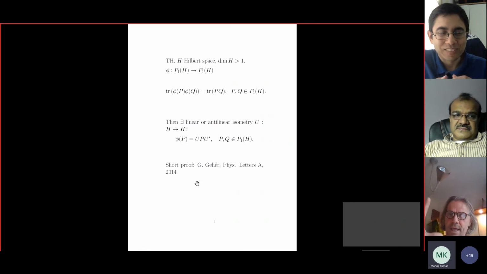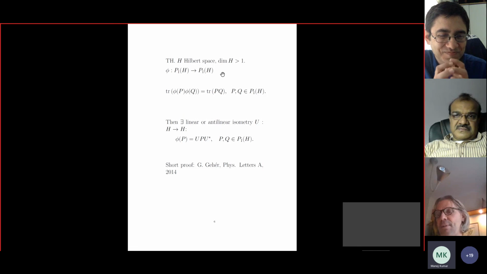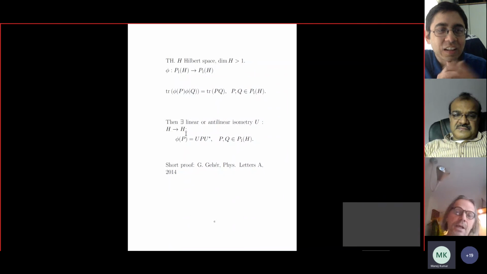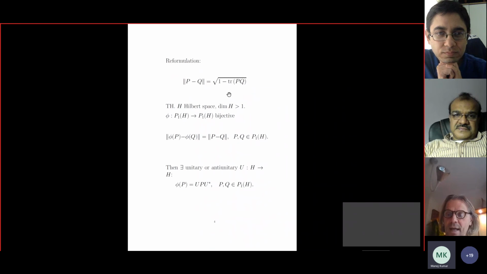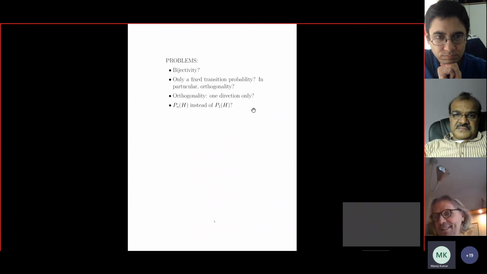Georgi's proof of this statement is so short, but maybe it can be made even shorter if you add the bijectivity assumption. These are typical questions that we mathematicians ask.